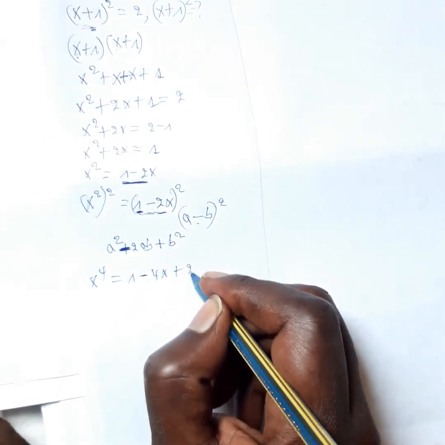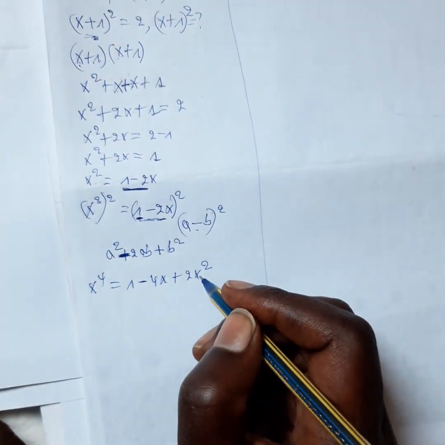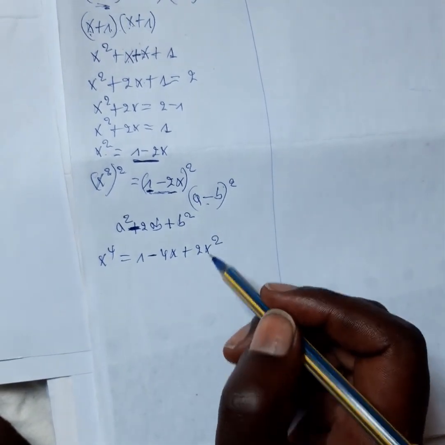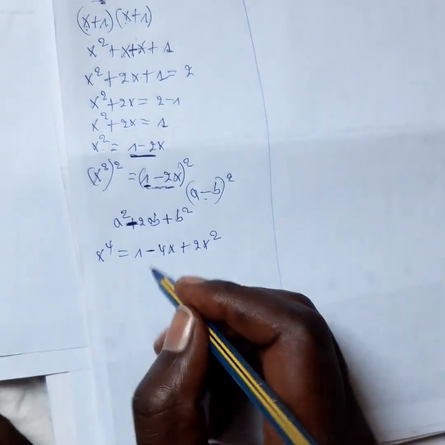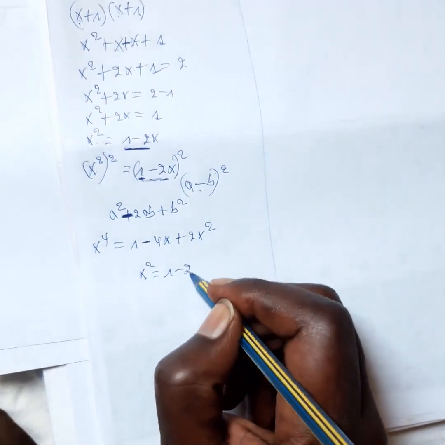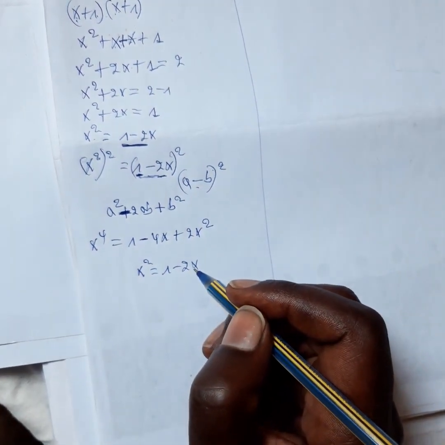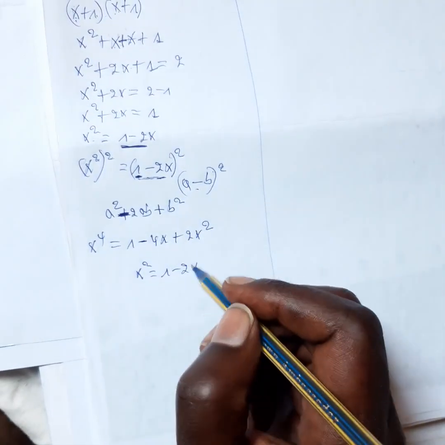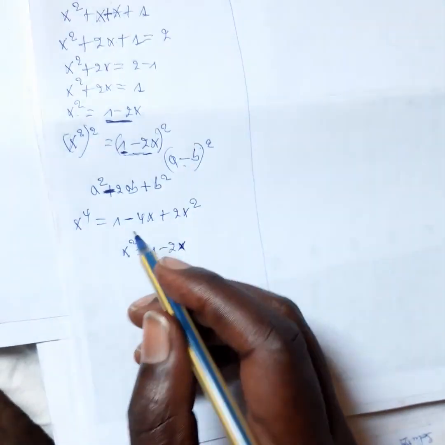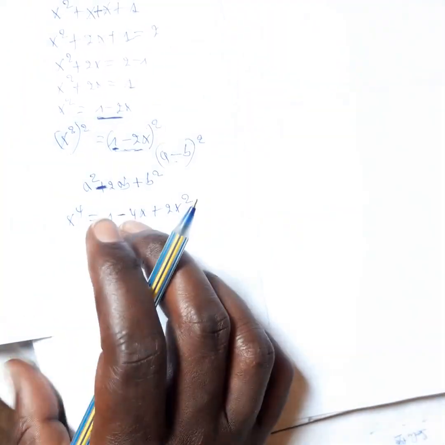then plus 4x squared. So we are going to replace the value of x squared, which is equal to 1 minus 2x.